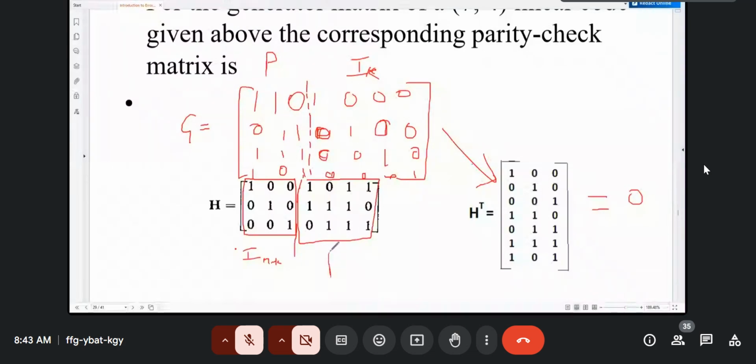This is P transpose. So does anybody have a problem with that? Mark Murege? You don't have a problem with that.